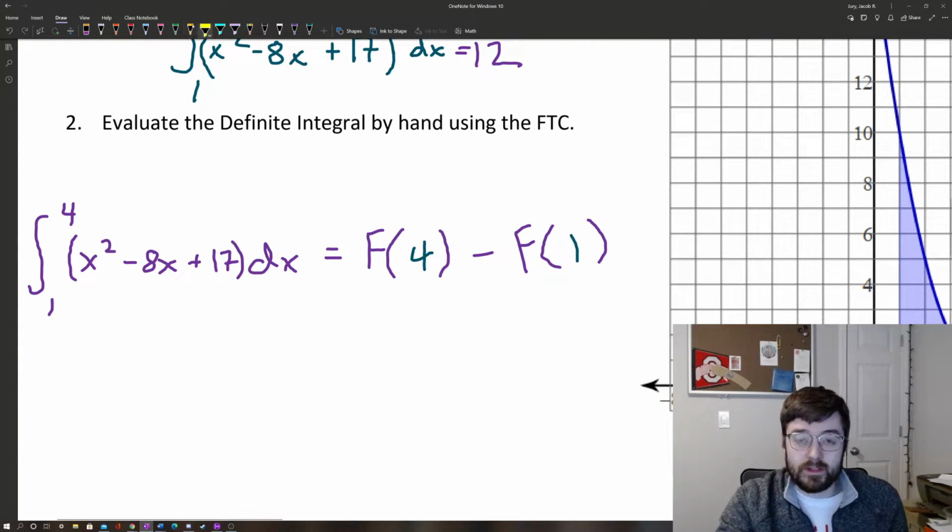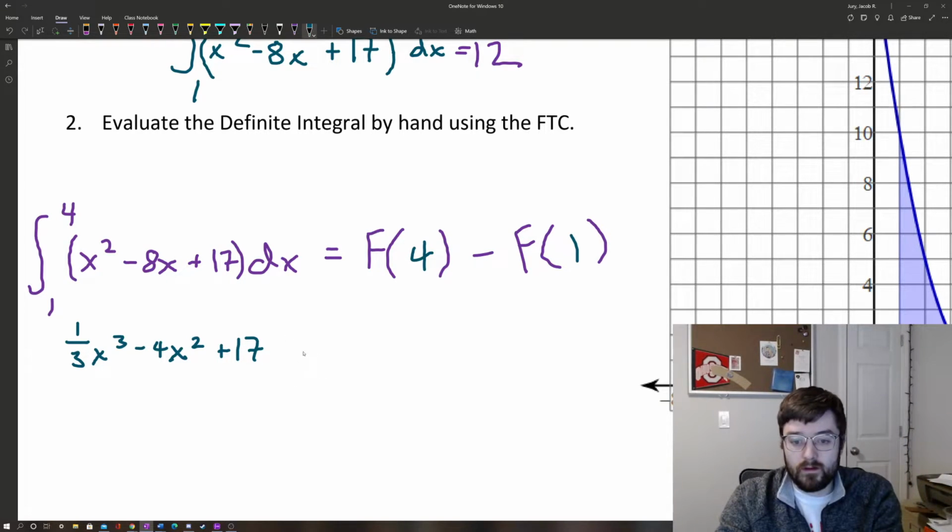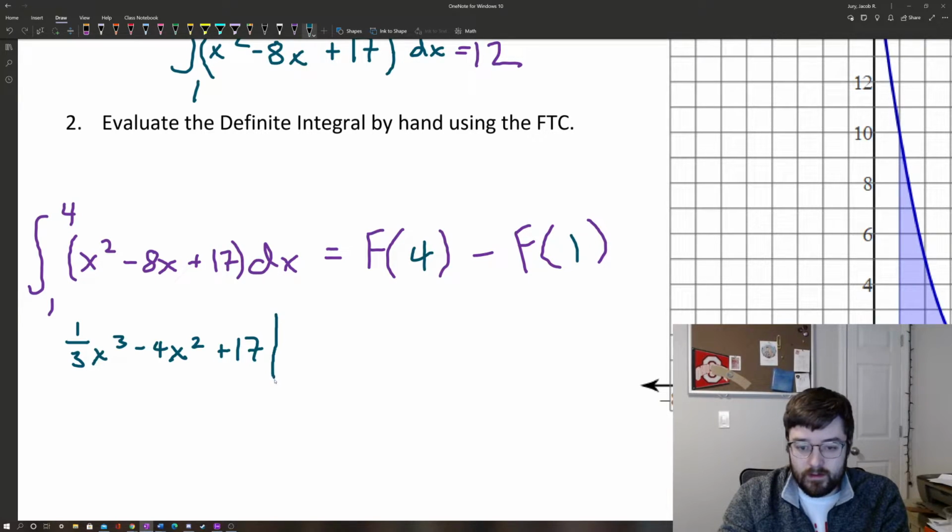So this is how I set it up by hand, and I'm going to find the indefinite integral. So 1/3 x cubed minus 4x squared. This should be old news for you guys, just finding an indefinite integral. And then I need to evaluate this.